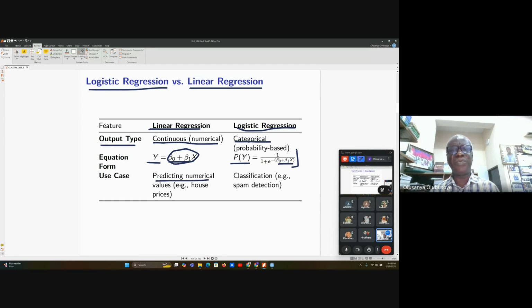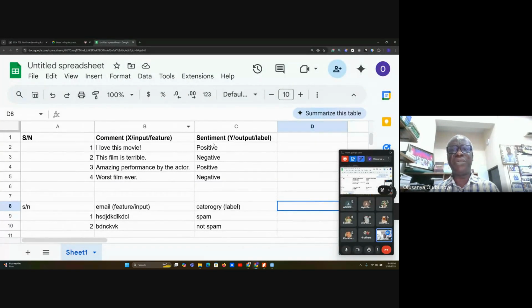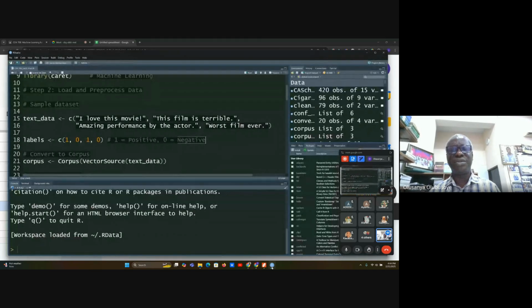Now, when do we use the linear regression? We use it when we are predicting numerical values, when our y is a number, like I mentioned earlier. So it's numerical, it is measured.